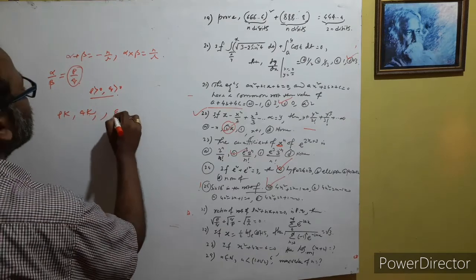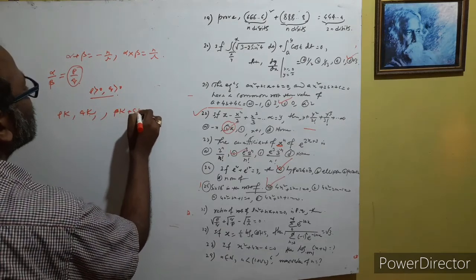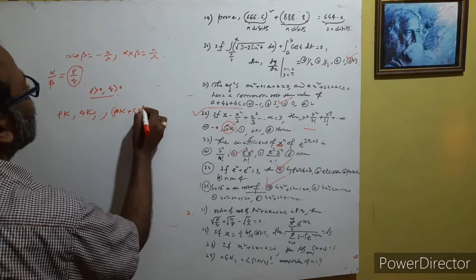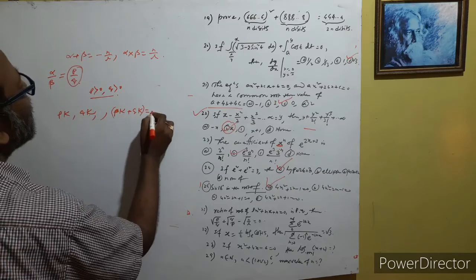Sum of the roots pk plus qk. Sum of the two roots is equal to minus b by a.